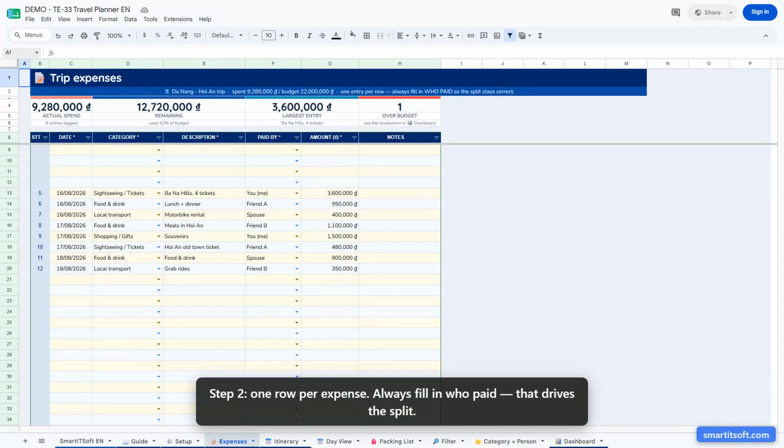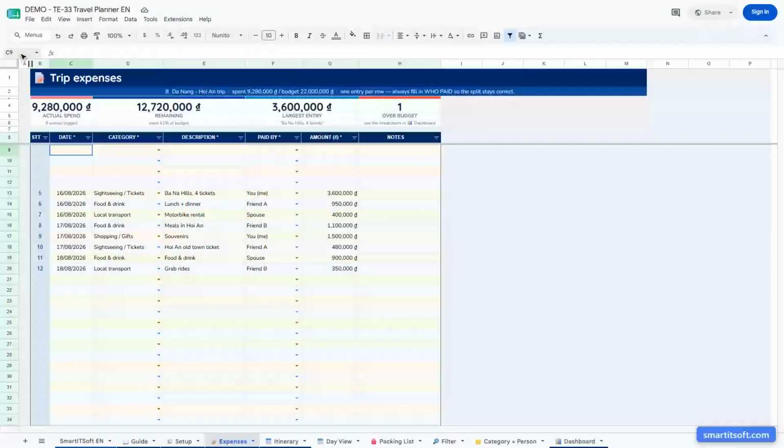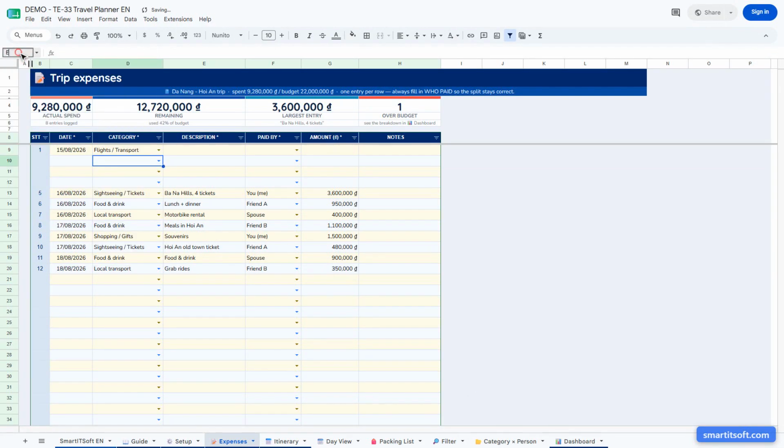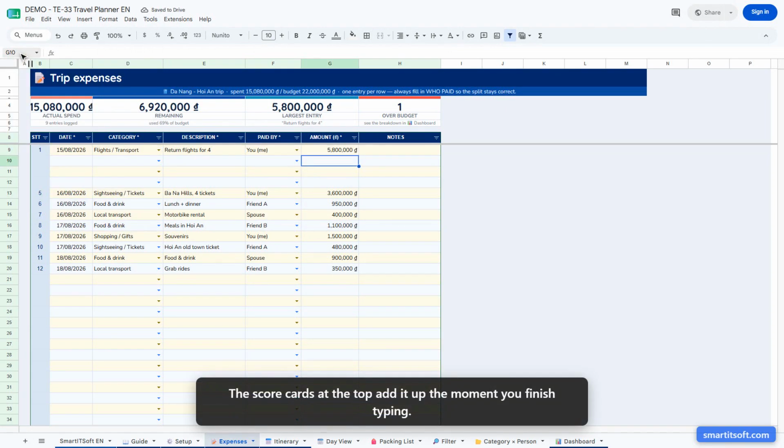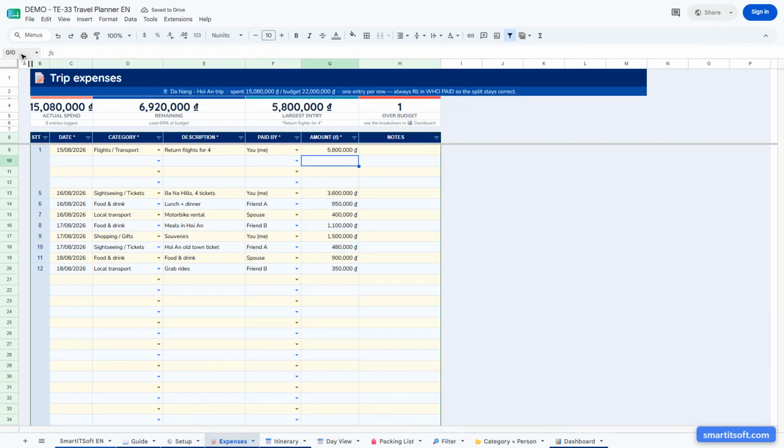Step 2. 1 row per expense. Always fill in who paid, because that is what drives the split. The scorecards at the top added up the moment you finish typing.